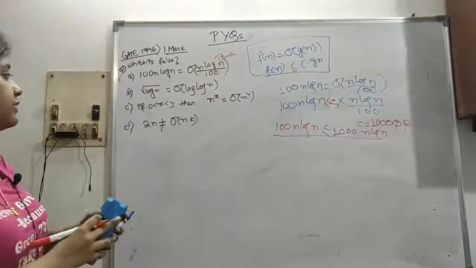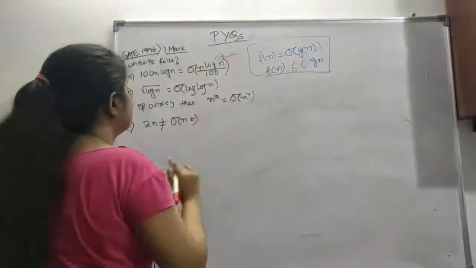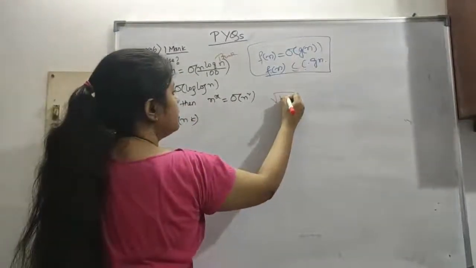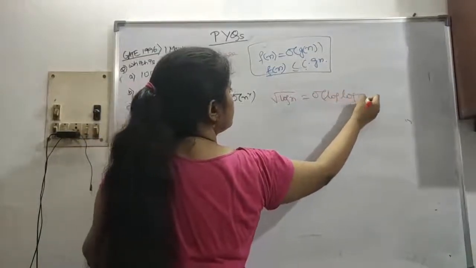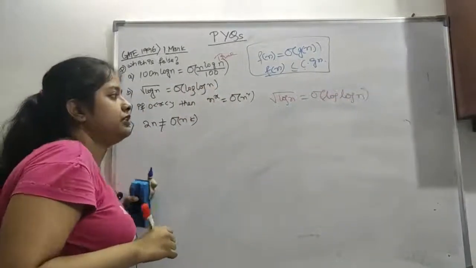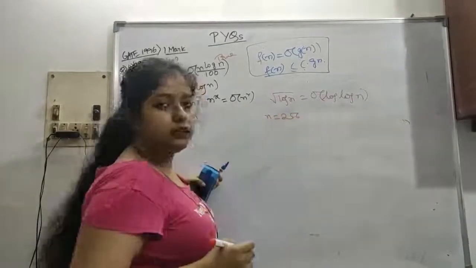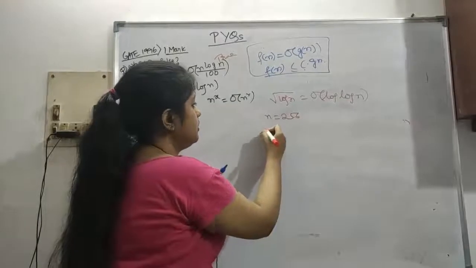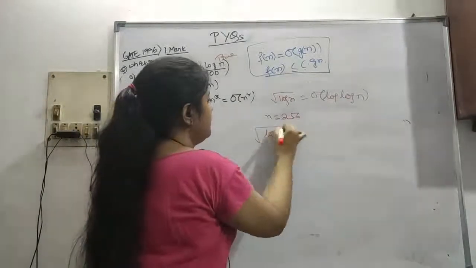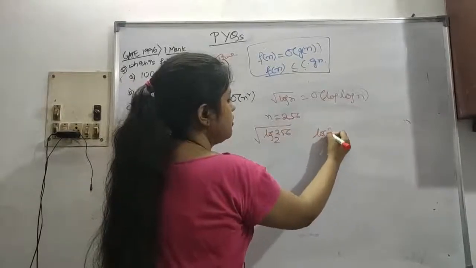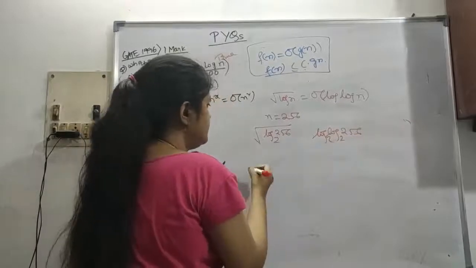Now let's check the second one: log of root over log n equals order of log n. Let's check, say n is 256.